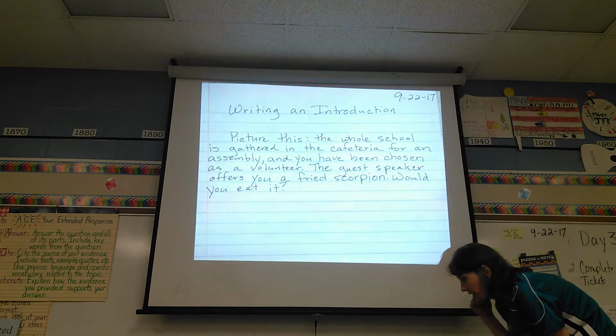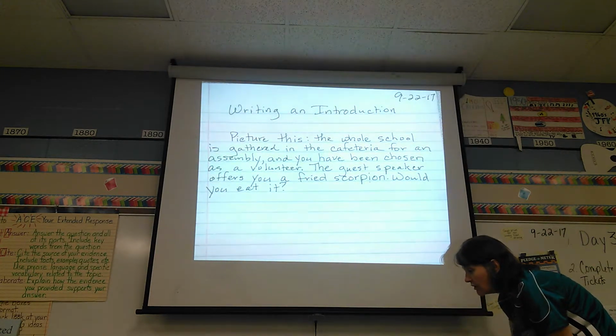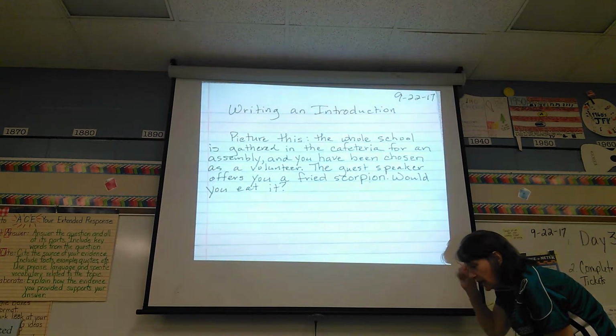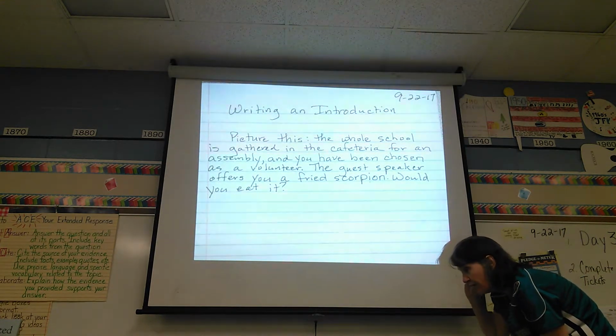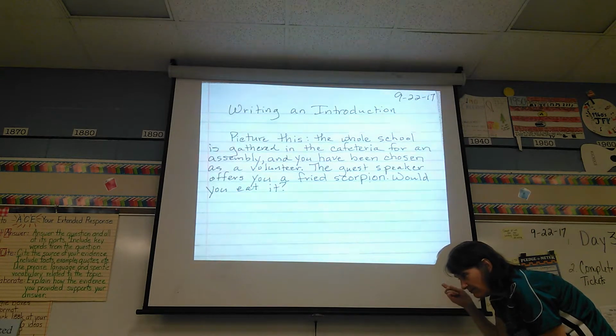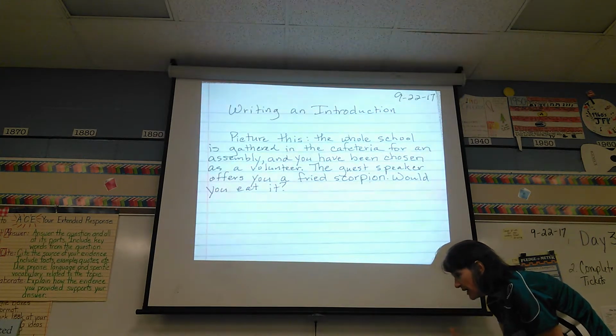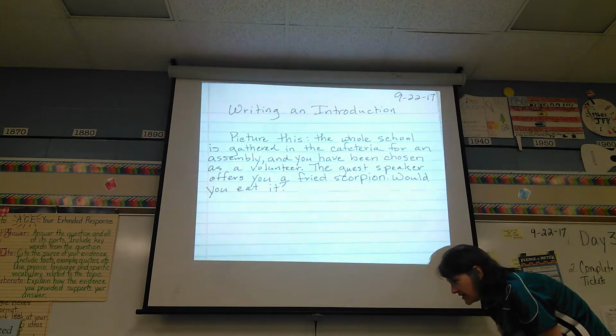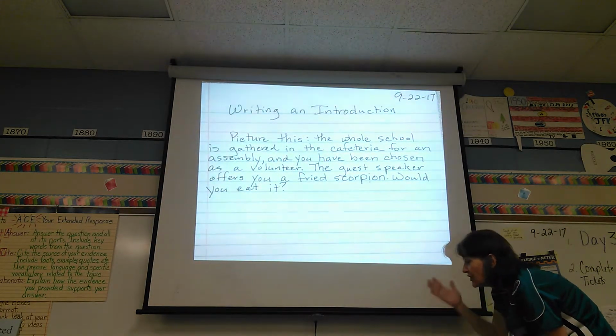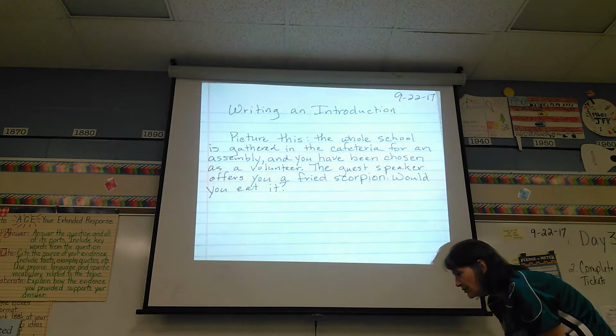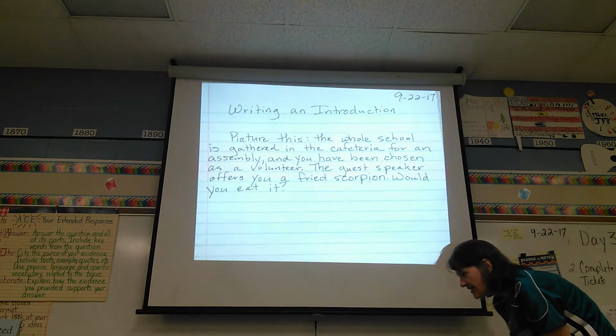Okay? I could have also said, picture this, and talked about a theme decoration in the lobby. Something like this: you enter the lobby and you're in an enchanted forest. Or picture this, you're walking up to your school and there's a yellow brick road.